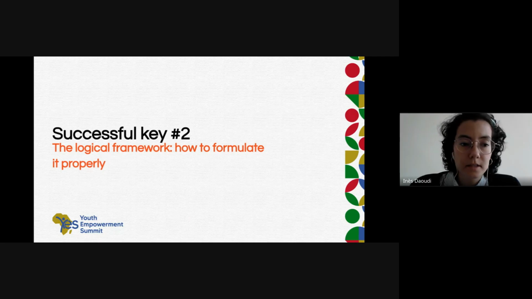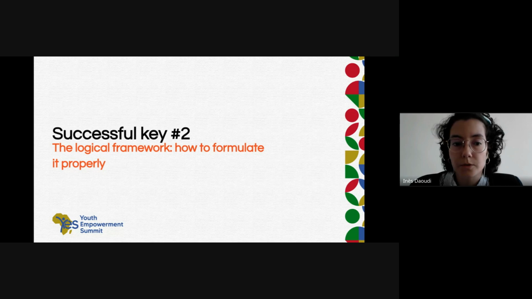Now, the successful key number 2 about the logical framework and how to write it properly. So the logical framework is very used to explain what your project will be about.